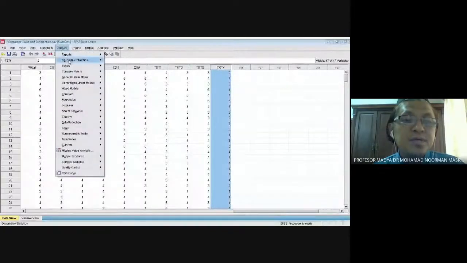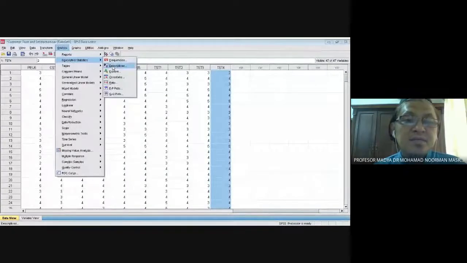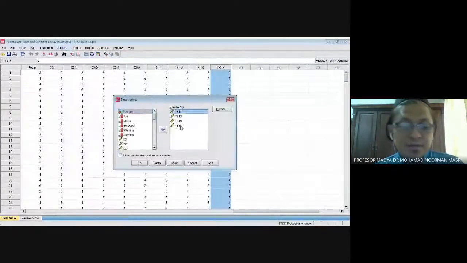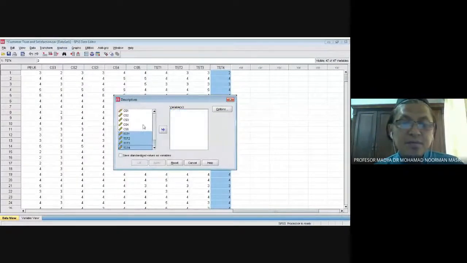The same process. So I'm going to analyze here descriptive statistics. Let me show you. Okay, what about ease of use? Same process. Analyze descriptive statistics. So you take now ease of use.